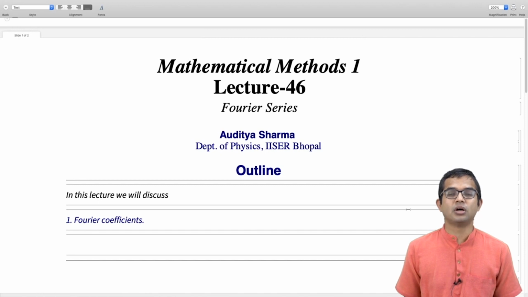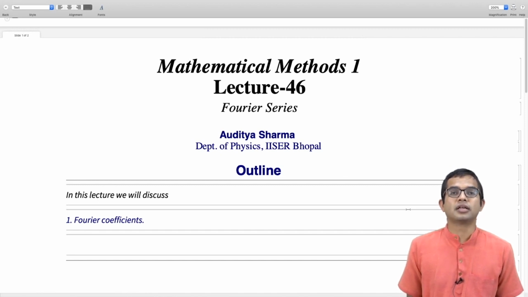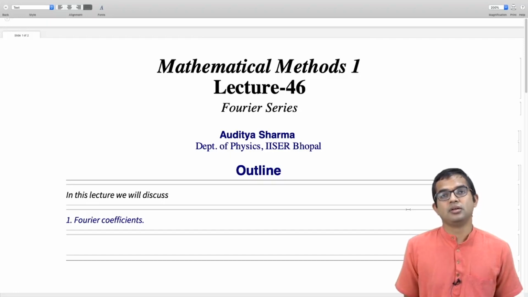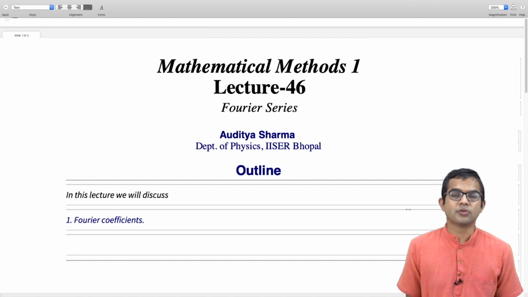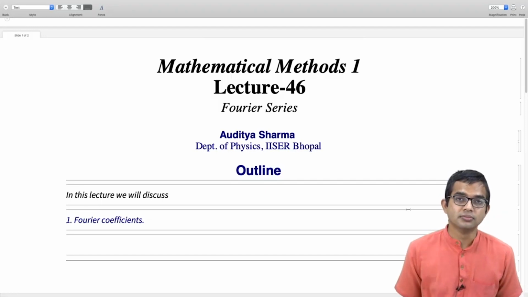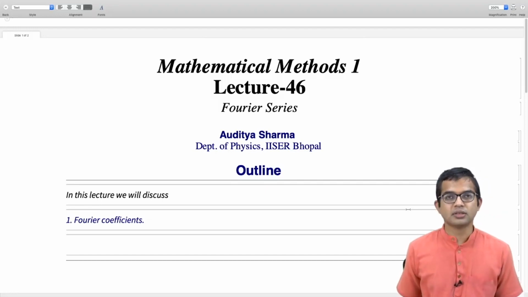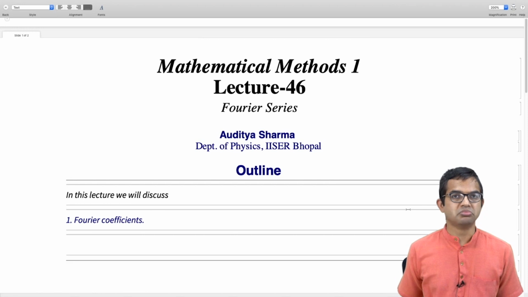And we have seen also how this can be thought of as an expansion of a vector in an orthogonal basis, where cosines and sines can be thought of as unit vectors of an orthonormal basis, and working out the Fourier coefficient is really an exercise in working out the expansion of a vector in terms of its basis vectors. So in this lecture we will look at an example of how to carry out this expansion in practice.